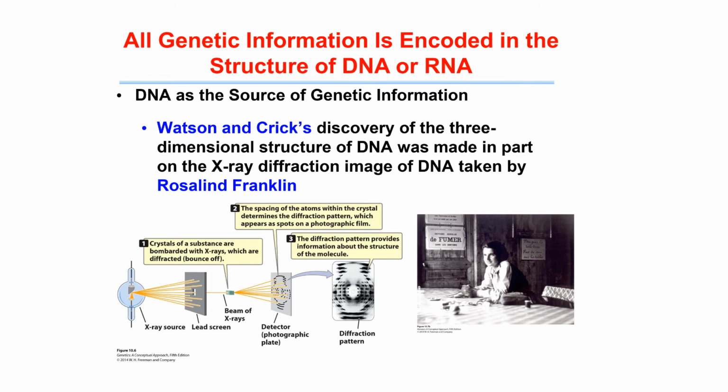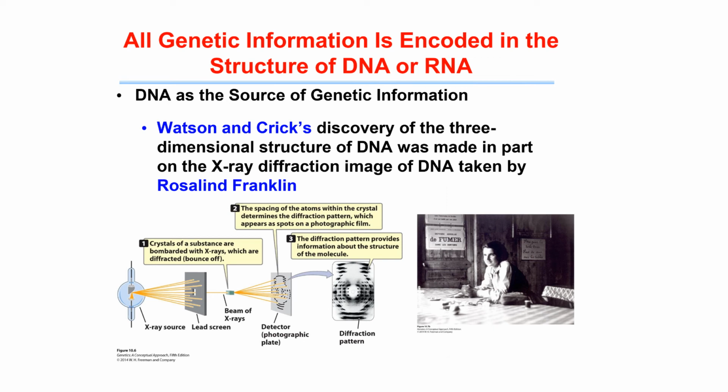At that time, it was known that DNA consists of nucleotides and that each nucleotide contains a sugar, a base, and a phosphate. Chargaff's rules were established. It was known that the number of adenines corresponds to the number of thymines and the number of cytosines corresponds to the number of guanines. What was not clear was how the nucleotides fit together into the three-dimensional structure and how they can actually provide the base for faithful replication.